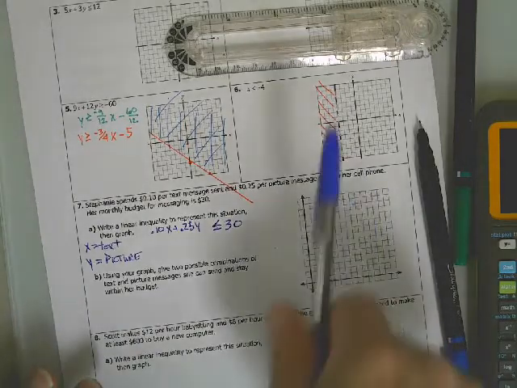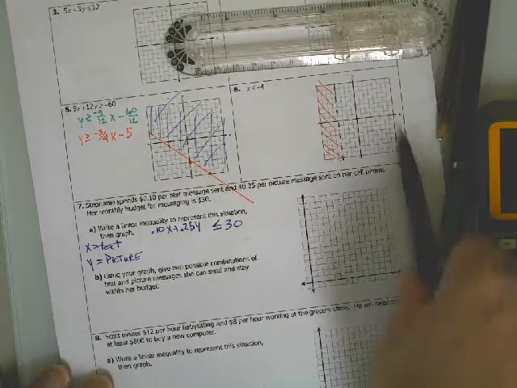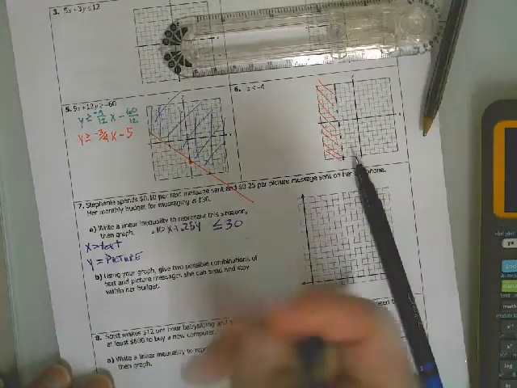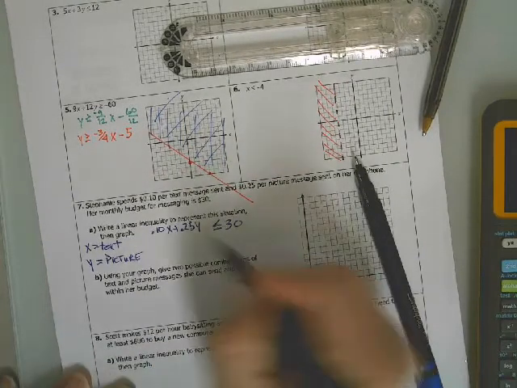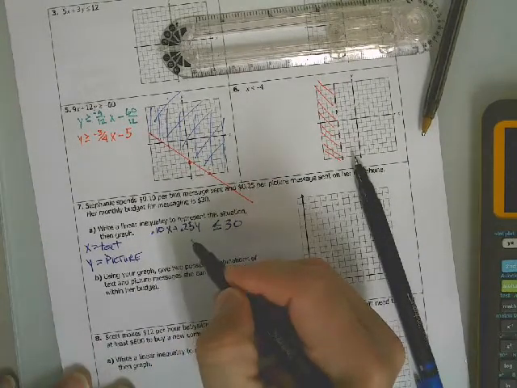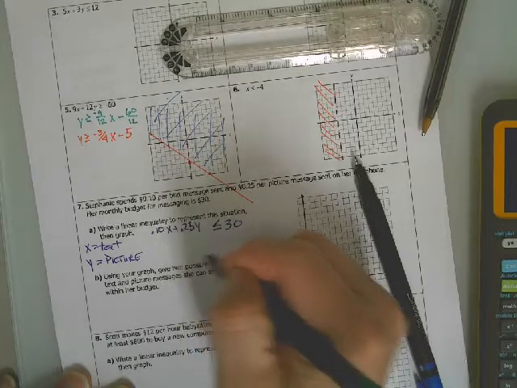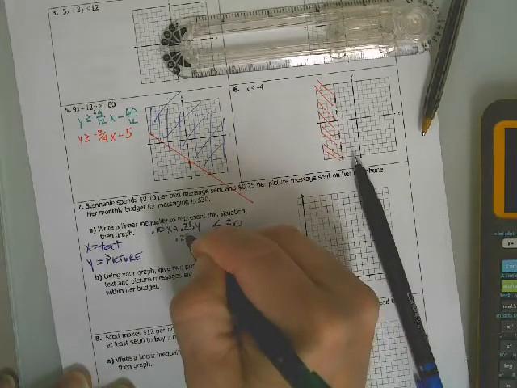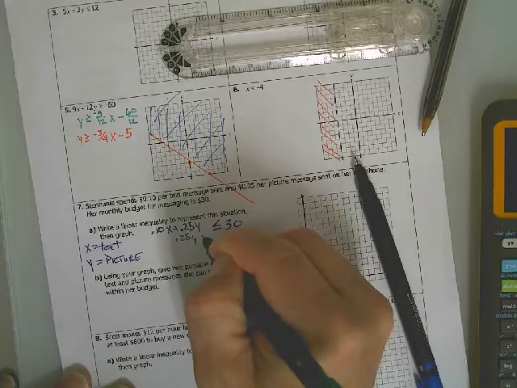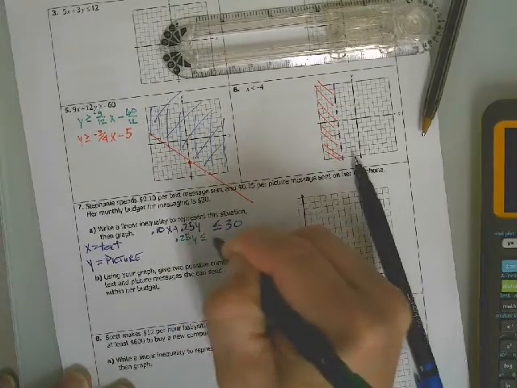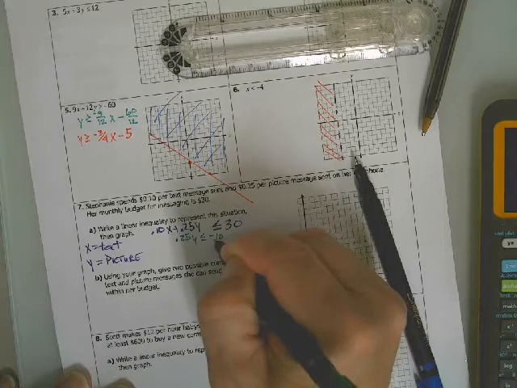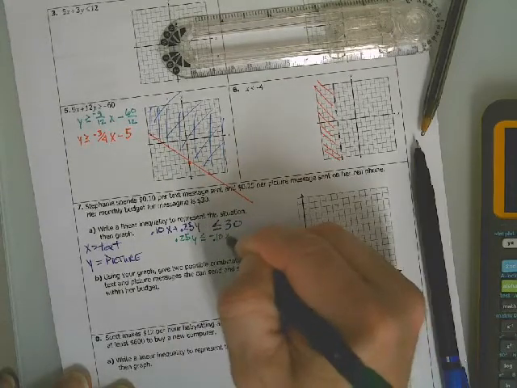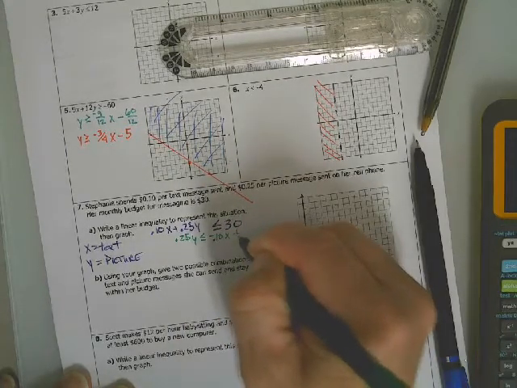Solve the equation. Y-intercept form. I'm going to subtract 10x from both sides and then divide by 0.25. So that would be 0.25y is less than or equal to negative 10 cents x plus $30.